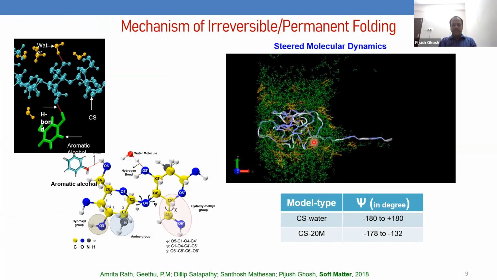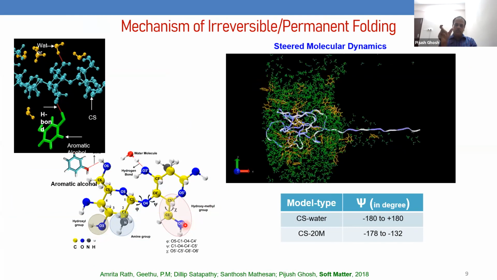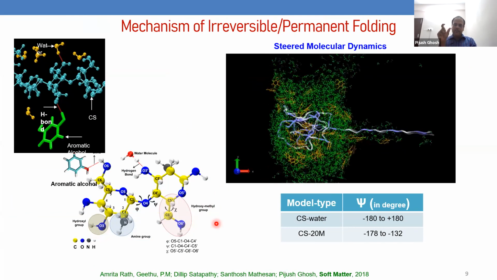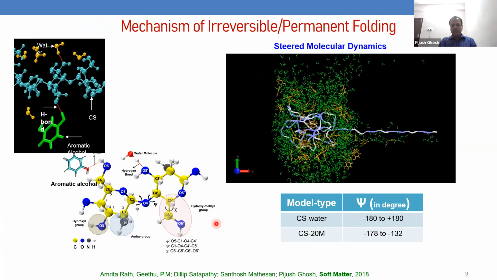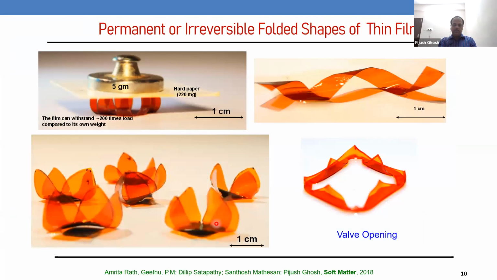We have seen that the range of the dihedral angle is significantly cut down in the presence of resorcinol, which therefore does not allow the polymer to relax. That's about the irreversibility. Now, these are some of the conformations or shapes that you can get by making it irreversible.